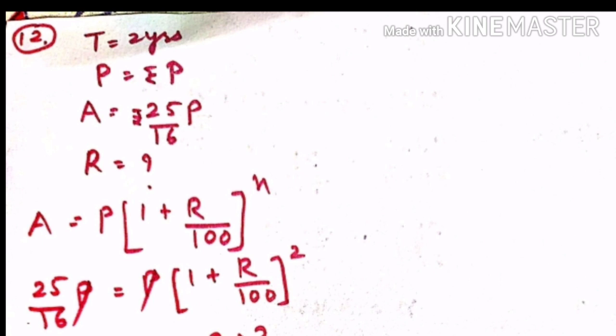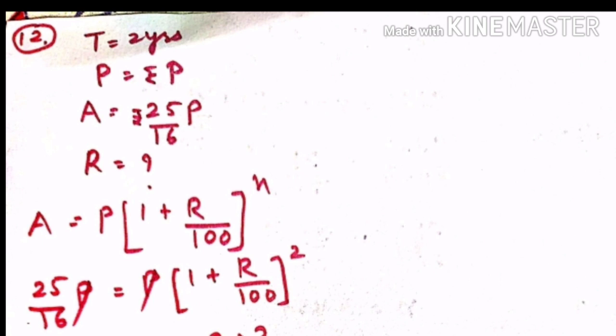So I place the formula A is equal to P into 1 plus R upon 100 power n. Instead of A, we put 25 by 16 P is equal to P into 1 plus R upon 100 power 2. Because we want to find the rate, we do not place its value. Now you can see the principal P on both sides gets cut, so we can remove it from both sides.